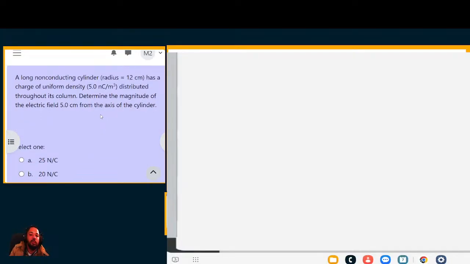So a long non-conducting cylinder has a radius of 12 centimeters. There's a charge of uniform density. So this is a cylinder. It has a charge of uniform density of 5 nanocoulomb per cubic meter, distributed throughout its volume. Now determine the magnitude of the electric field 5 centimeters from the axis of the cylinder.